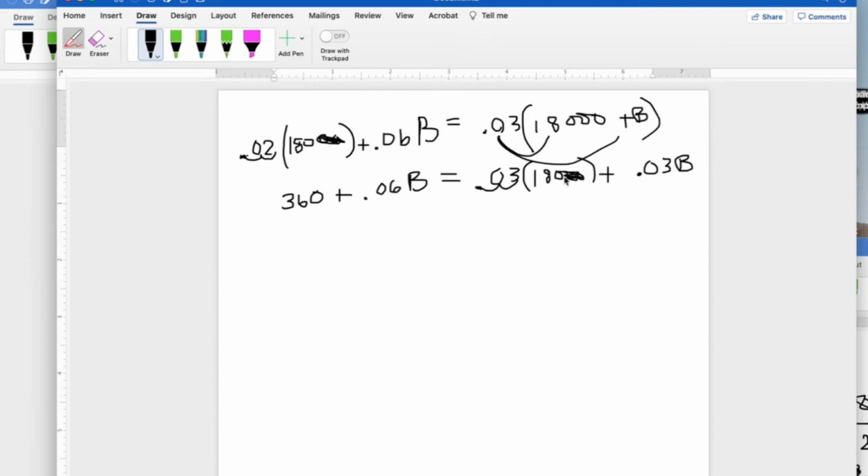So now we have 3 times 180. 3 times 0, 3 times 8 is 24, carry the 2, and we end up getting 540, plus 0.03B equals 360 plus 0.06B. Now it's starting to shape up.